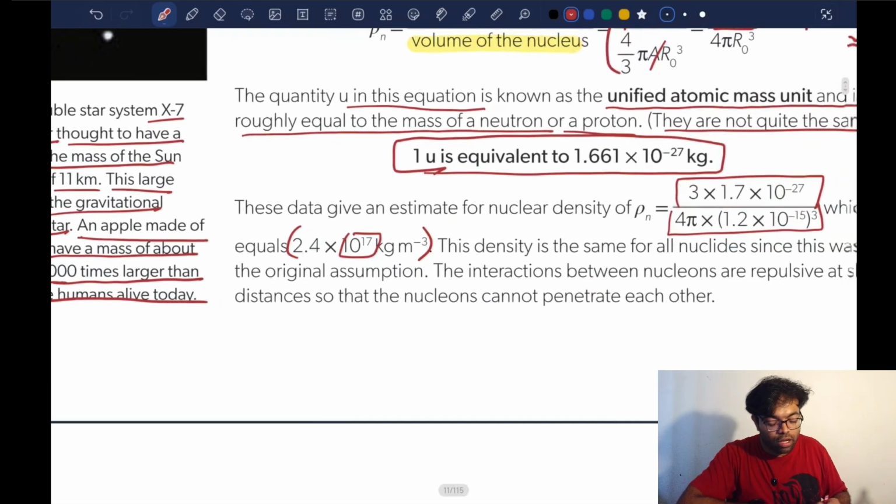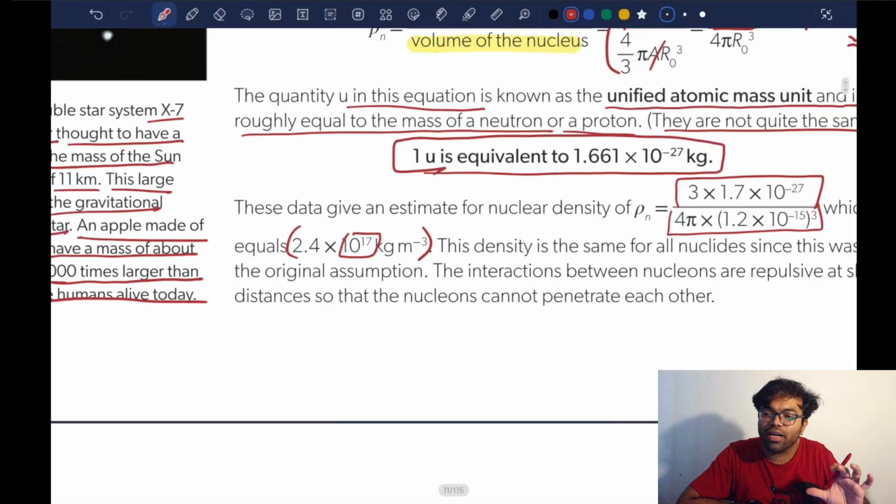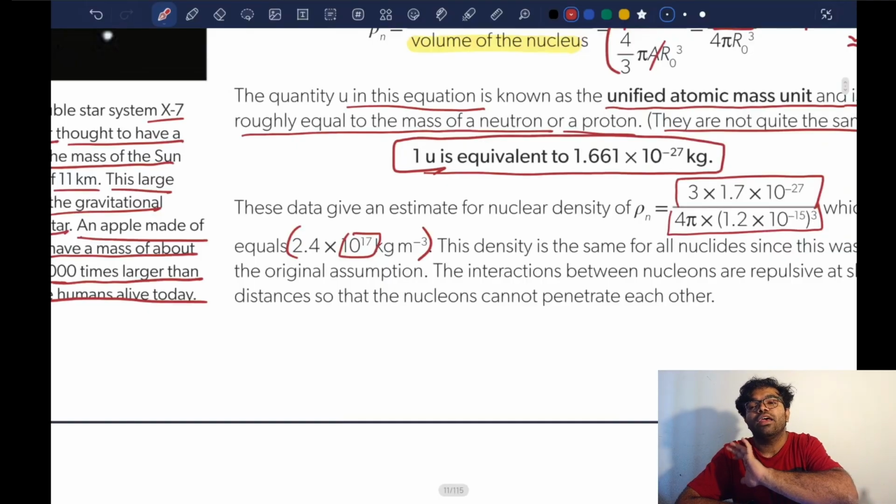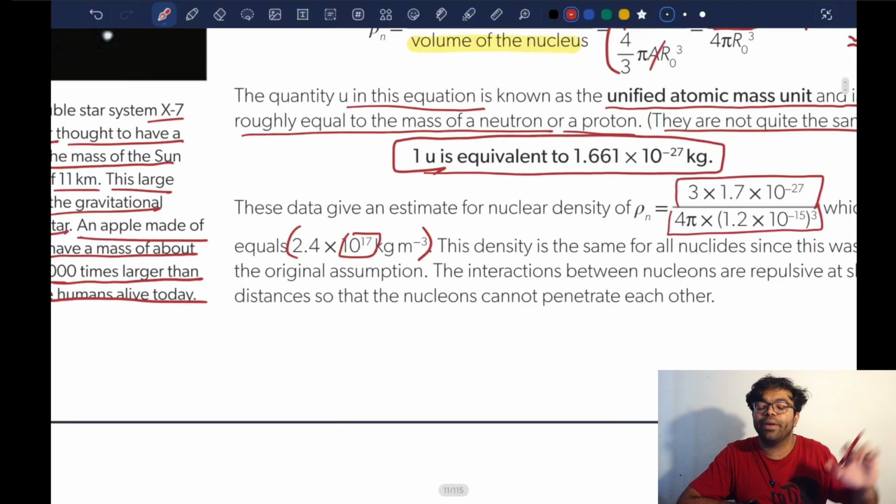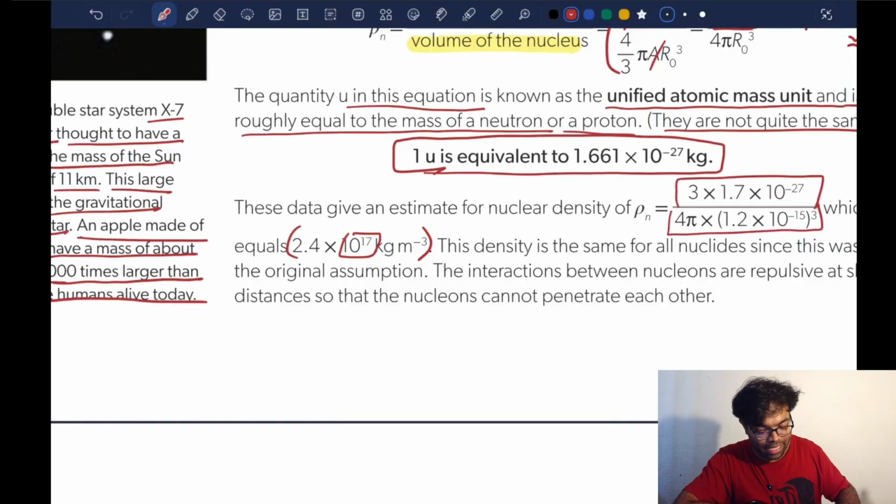Now, the interesting thing is that because the nuclear density does not depend on the atomic mass, the nuclear density will be uniform throughout the periodic table. Whichever atom you choose, the density of the nucleus will remain the same. Understood?